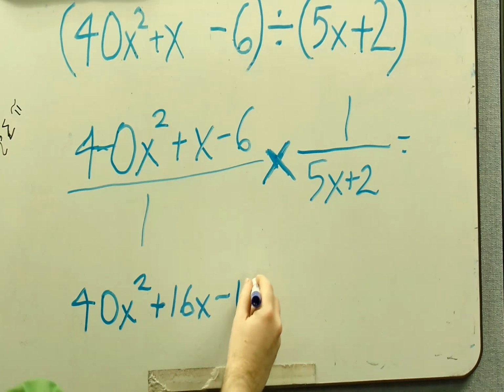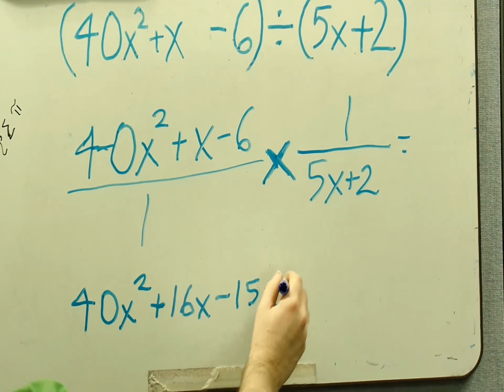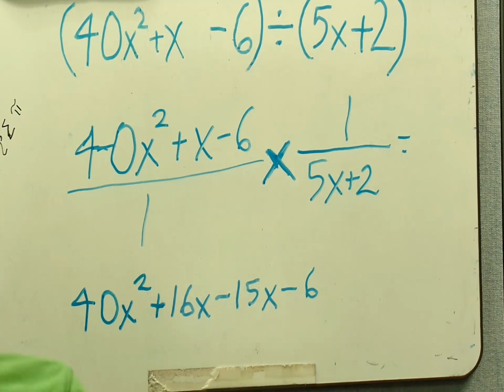As you can see, I'm writing it down, the 16x and the negative 15x, and then of course the minus 6 at the end, and now we're going to group those. We're going to take the first two terms and then the last two terms.